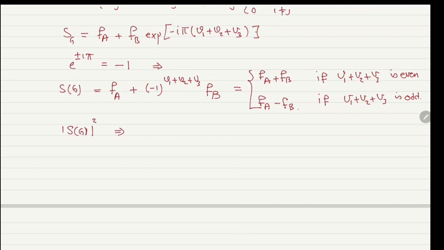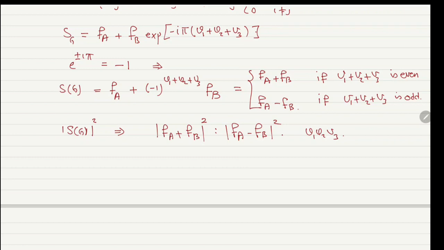Therefore, it's expected to see diffraction spots with two different intensities in the ratio of (f_A plus f_B) squared to (f_A minus f_B) squared, depending crucially on the values of v1, v2, v3.